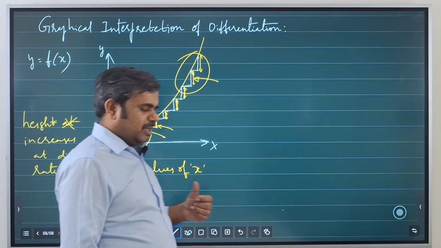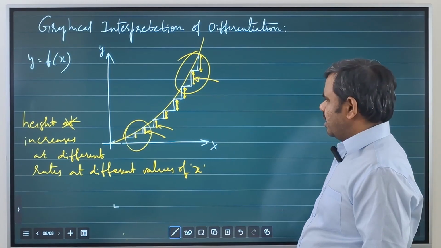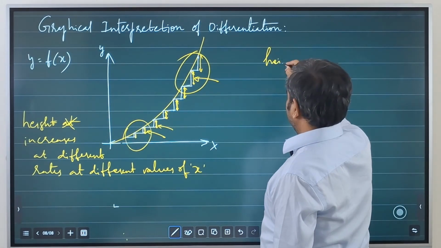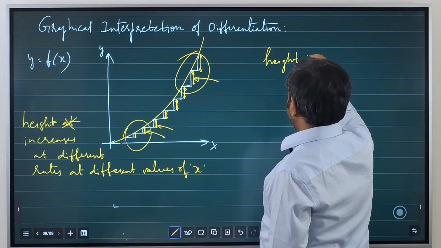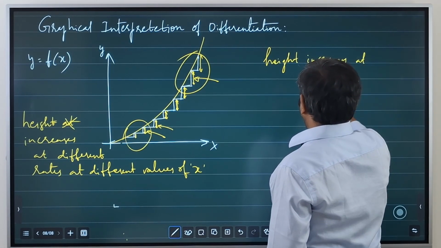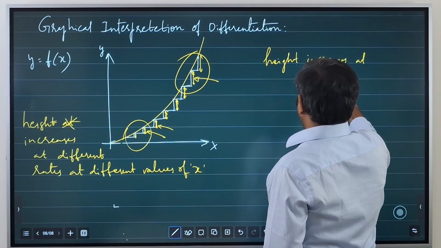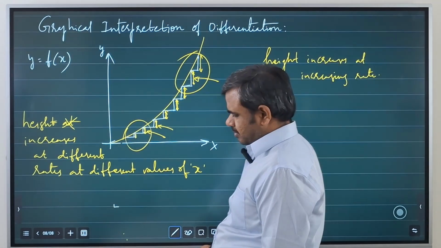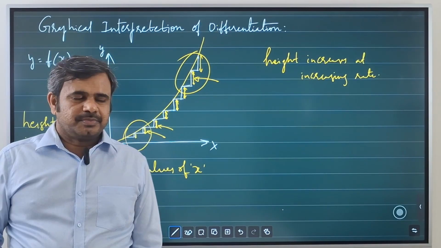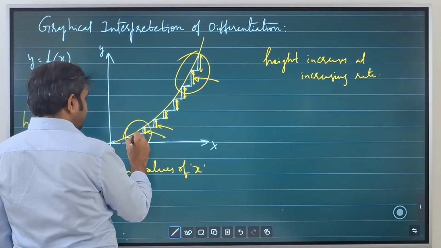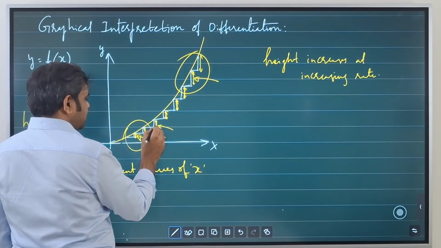In fact, we can infer that height increases in this graph that we have drawn at an increasing rate. Height increases at an increasing rate because for one step, look at the increase in the height at lower values of x.